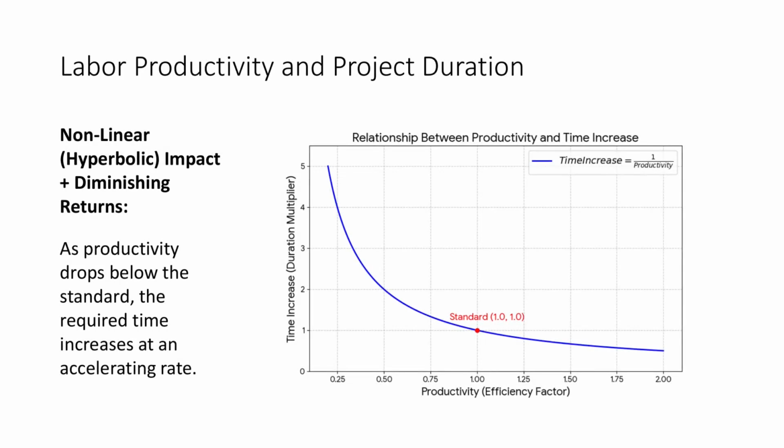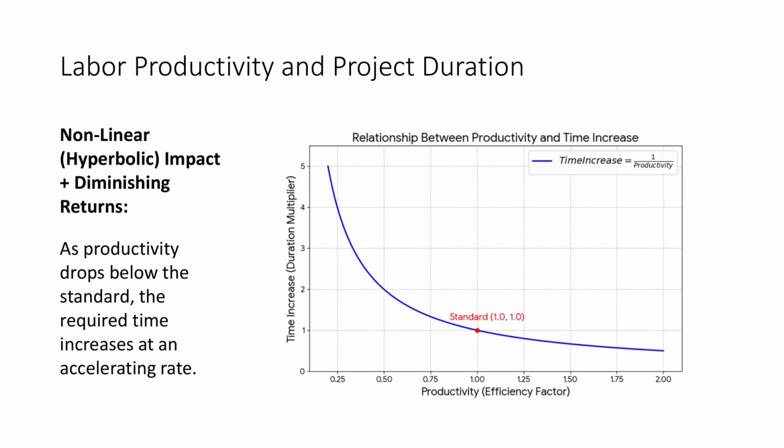If you draw the curve, you will see that it looks like a hyperbolic curve. It shows a nonlinear relationship, and there are diminishing returns, meaning initially the increase in productivity has a positive impact on the schedule. But over time, if productivity increases by a large amount, the schedule doesn't follow that linear trend.